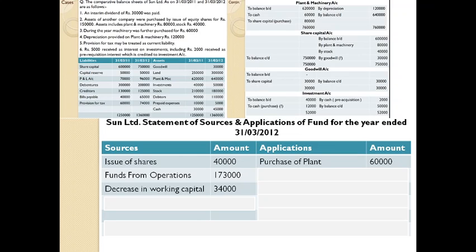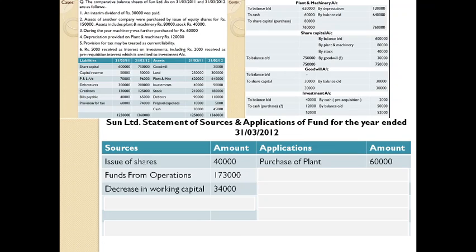And you may think that here the stock was acquired by issue of equity shares, so there is an increase in stock. Then how come an increase in stock, that is an increase in asset, is considered as a source? Remember, here the stock is acquired by issue of equity shares.